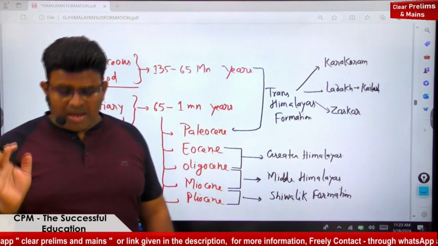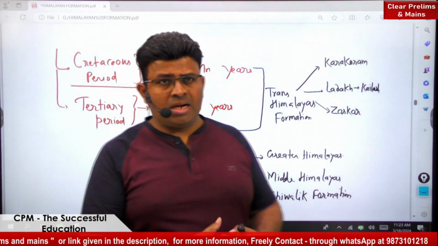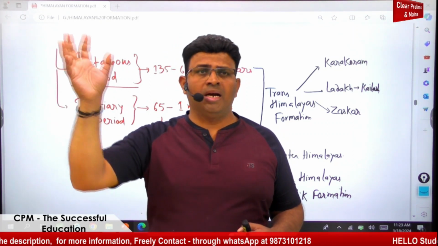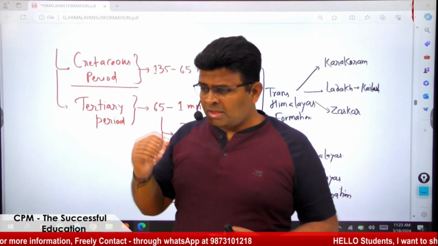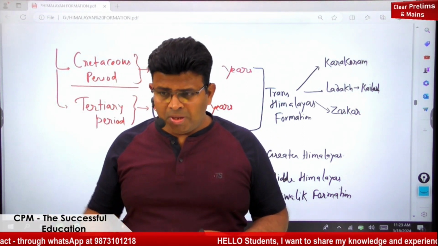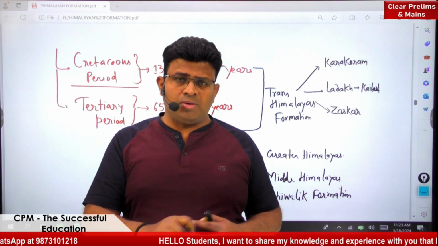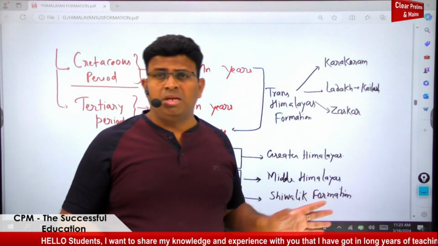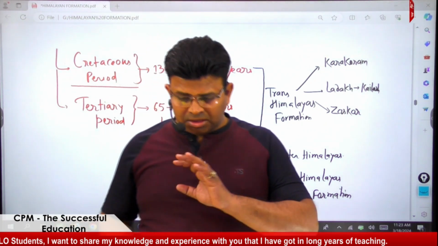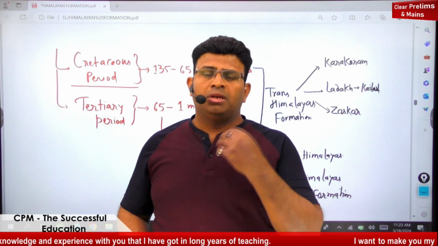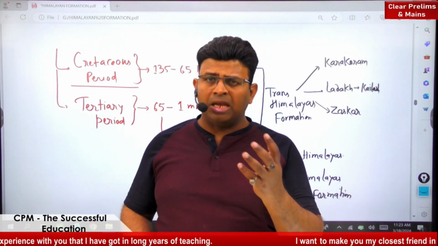I have said earlier that in the formation of Himalayas, one part is the Trans Himalayas, where there are the Karakoram, Ladakh and Zaskar, and the continuation of the Ladakh range is the Kailas range. Is it okay? In the Himalayas we have the Greater Himalaya, Middle Himalayas and Sivalik. But these Himalayas have been formed in different periods, different epochs, different times.